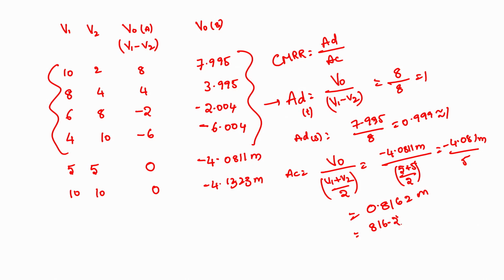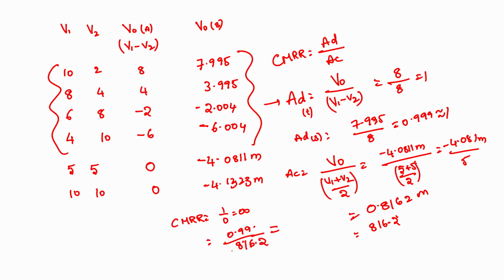Now if I want to calculate CMRR, theoretically it should be AD by AC, 1 divided by 0, which is infinity, but practically is it the same? Let me see. The differential gain is 0.999 or 0.99 divided by 816.2.